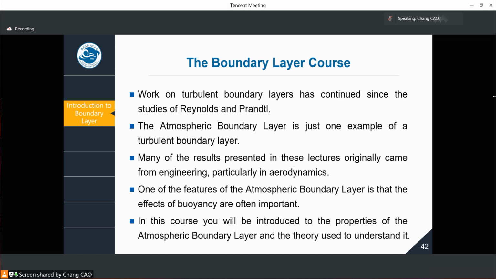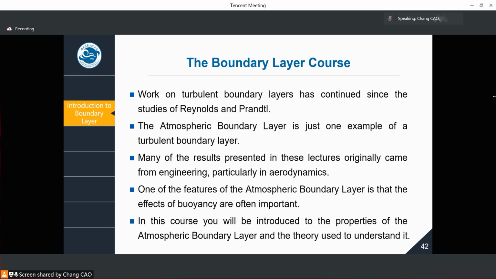The atmospheric boundary layer is just one example of a turbulent boundary layer. Many of the results presented in these lectures originally came from engineering, particularly aerodynamics. For example, when Reynolds did his experiments, he used a pipe, right? These are things usually adopted in the aerodynamics field, but we can gain our understanding of atmospheric boundary layer flows from aerodynamics experiments.